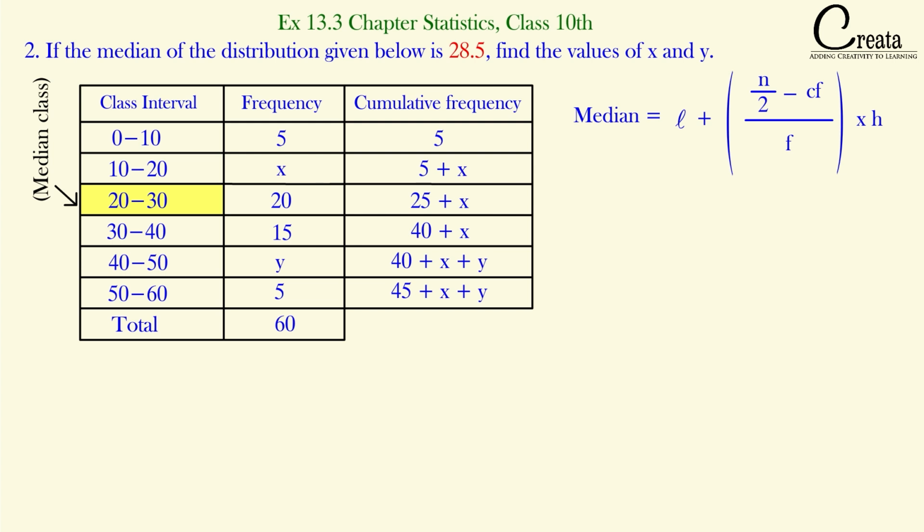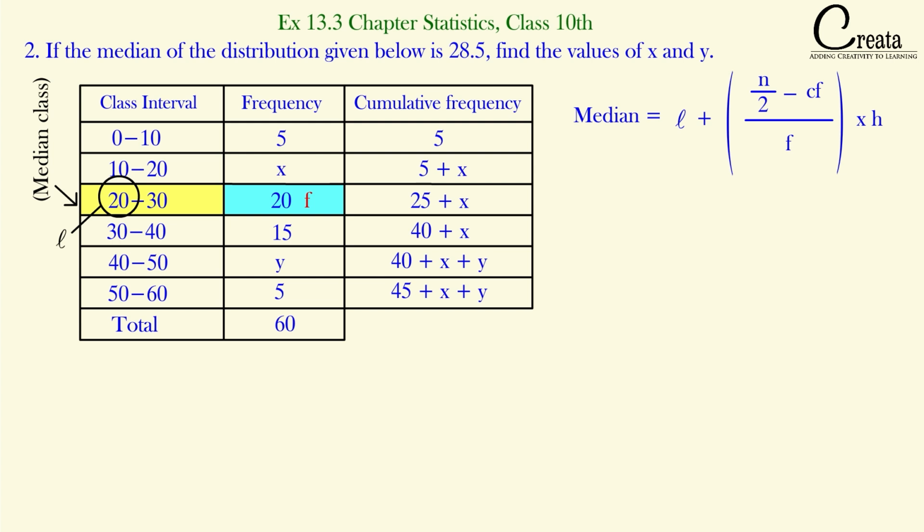Okay? Further, what will be this frequency? The frequency of the median class is f. We got the value of f as 20, which is also coming in the formula. Further, here L is the lower limit of the median class, and this is the median class, so 20 will be the lower limit of the median class, which is L. And what will be CF?